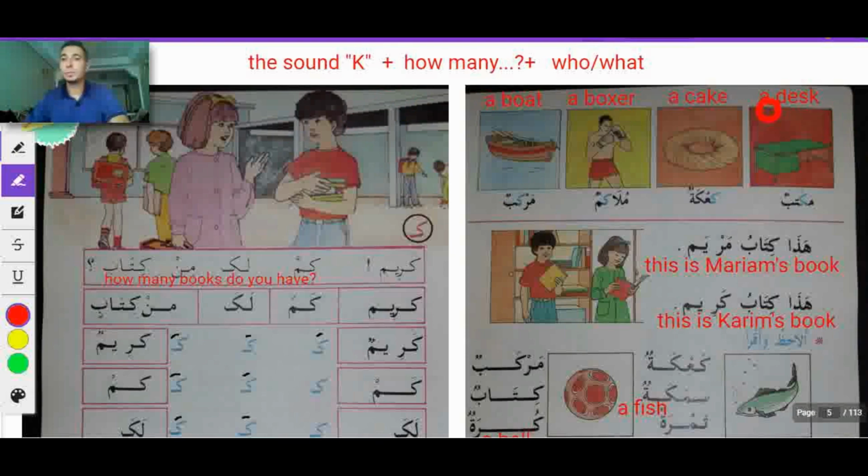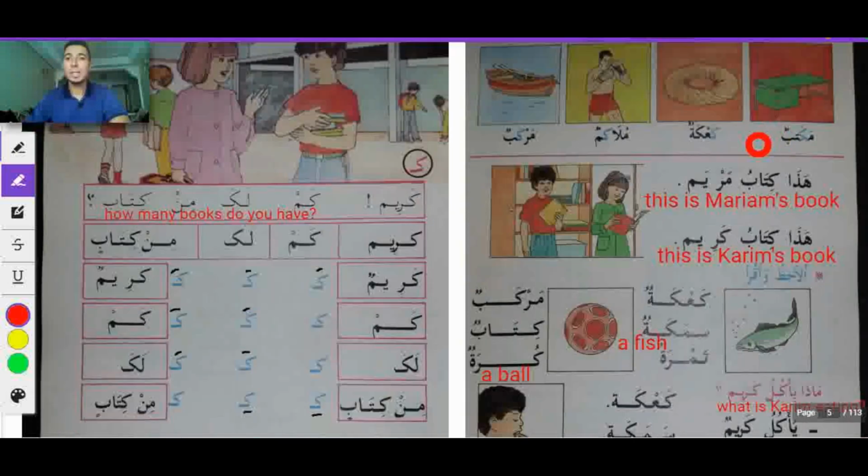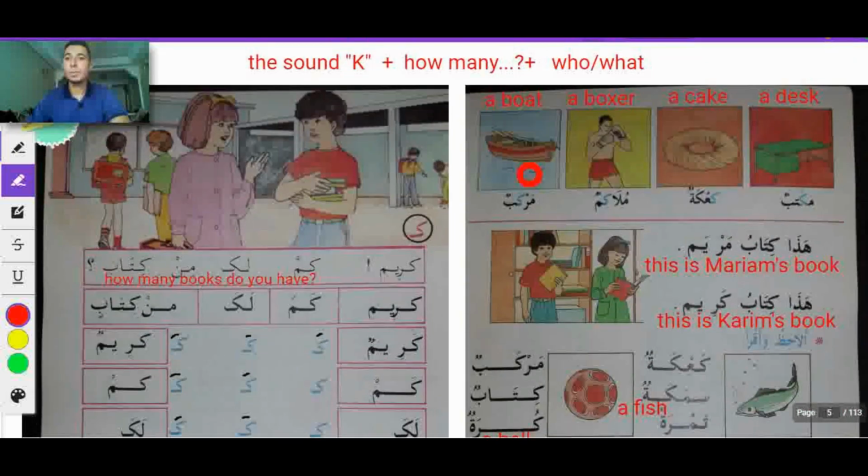So here we will have some pictures. We've already seen a desk, and we've said that in Arabic we say maktabun for a desk, and markabun for a boat.